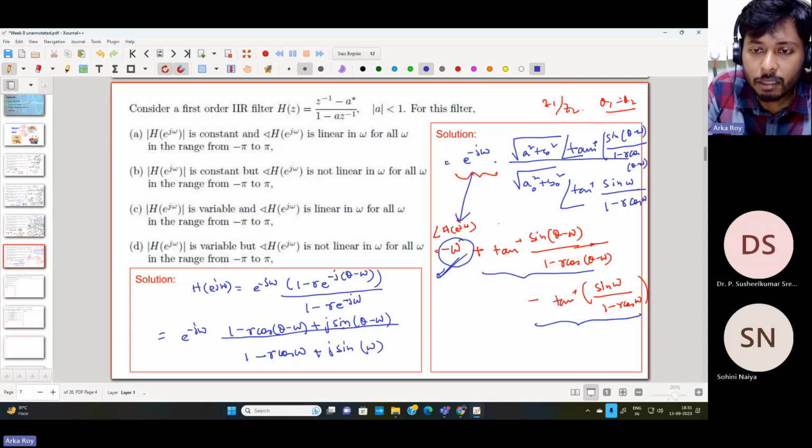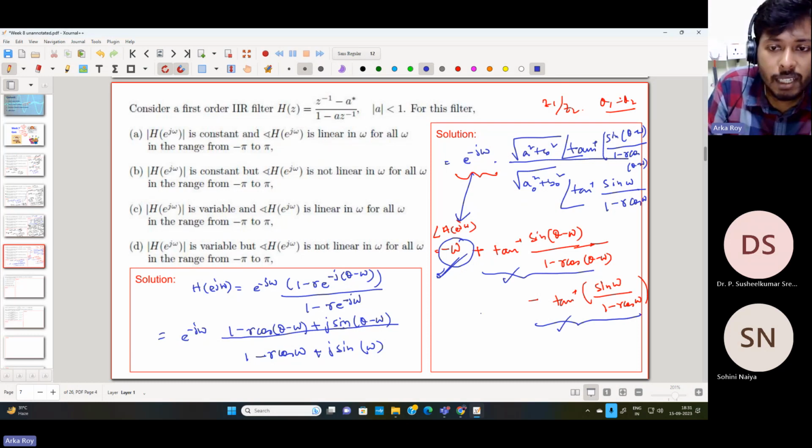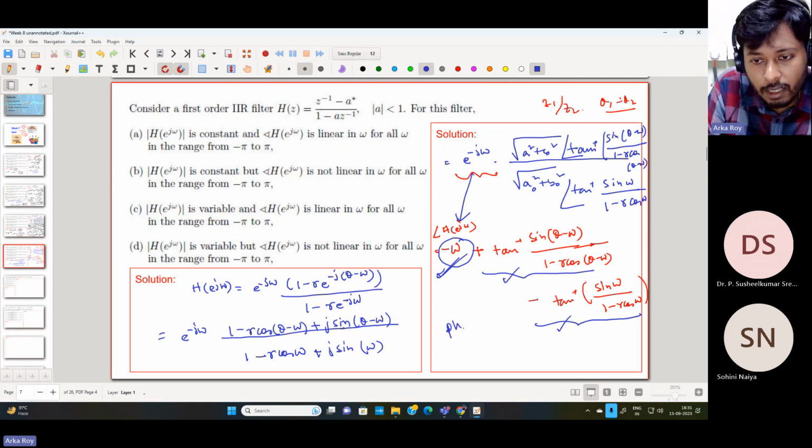Had it been only omega, then we could have commented that the phase relation is linear. However, these terms are introducing non-linearity along with this minus omega. So we can say that the phase is not linear.